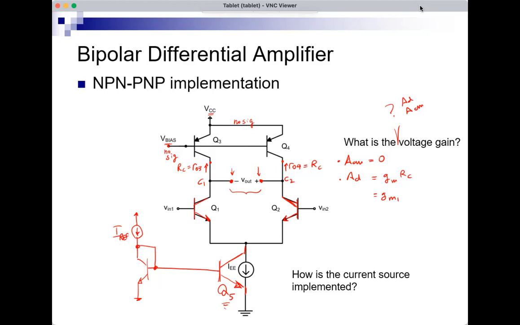And what is RC? RC in this case would be small r of 3 equal to small r of 4, so GM1 r of 3. So that's AD. And that's pretty large. For a BJT, GMRO would be quite large. So we have a very large differential gain, 0 common mode gain, and of course, infinite CMRR.